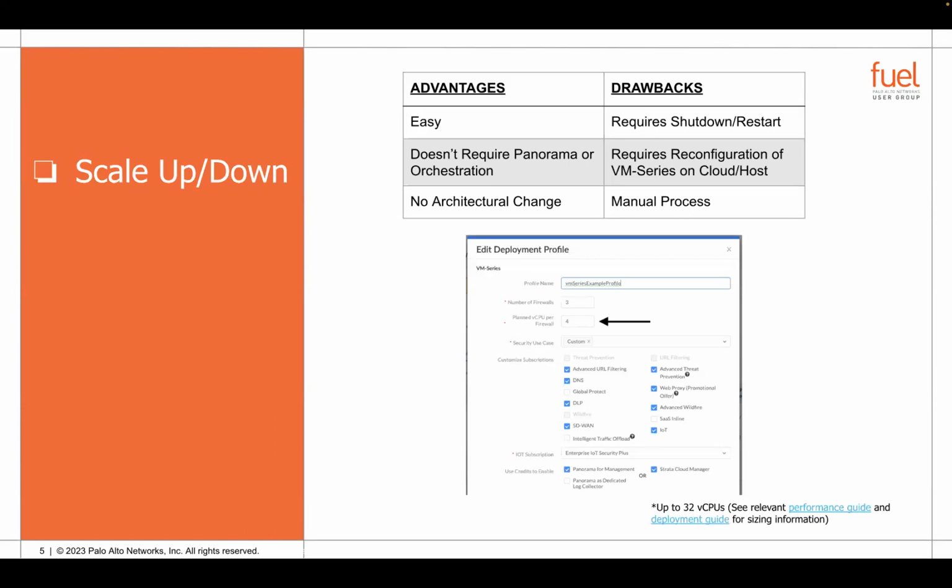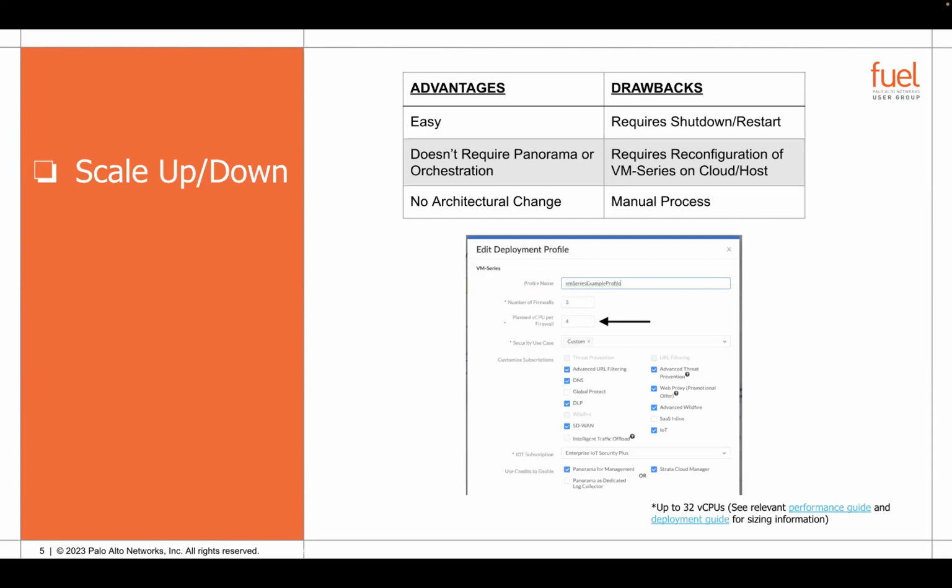And then you go to whatever hypervisor or system or cloud where this virtual machine exists, shut that virtual machine down, and then change the resources. You change the number of vCPUs and memory to match what you set up in the deployment profile.